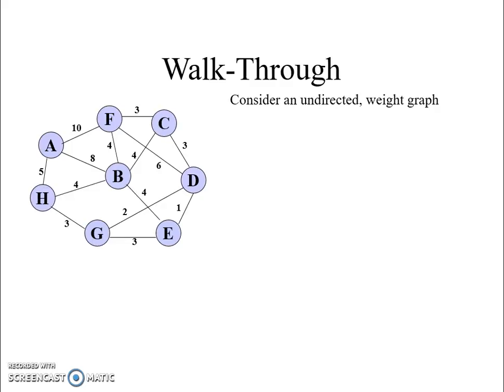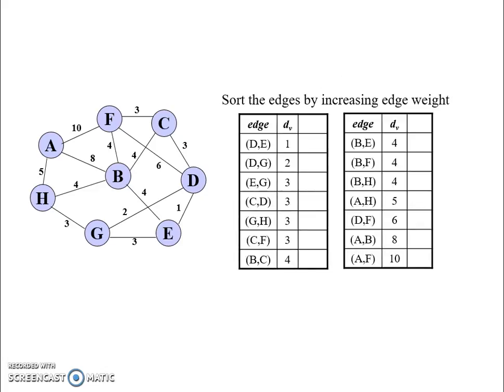Consider this graph having 8 vertices and 14 edges. And here I am just arranging all the 14 edges in ascending order of their cost. Now I am going to select each edge starting from the first one, as long as no cycles exist.